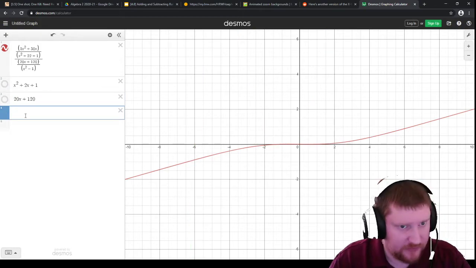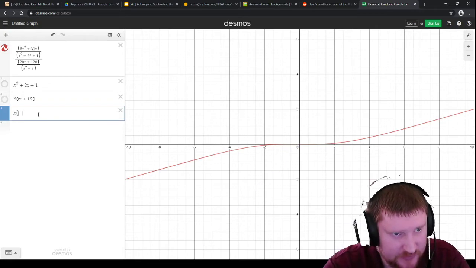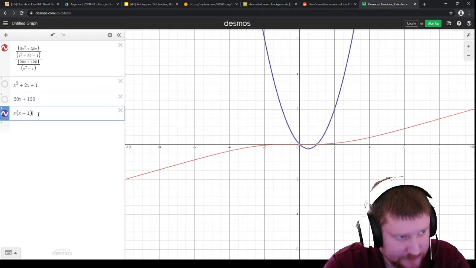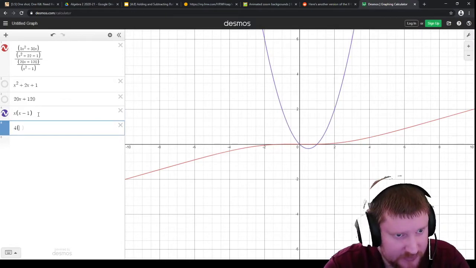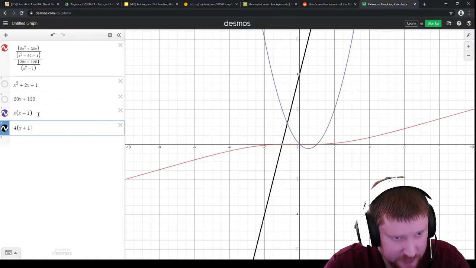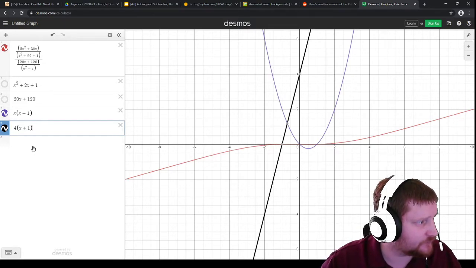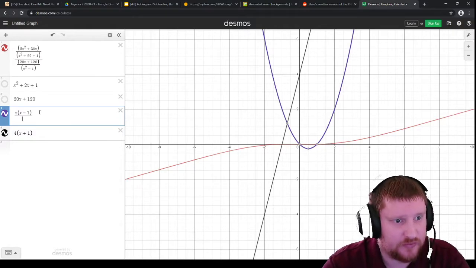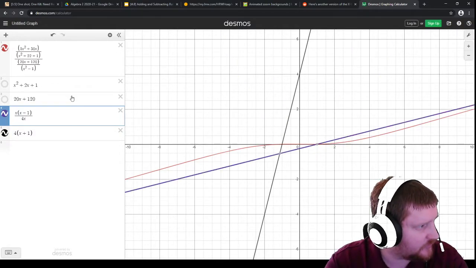Let's turn those off and let's try plugging in this bad boy. x minus 1, and we'll just see if I did the division wrong. 4 times x plus 1. Oops. Divided by 4x.